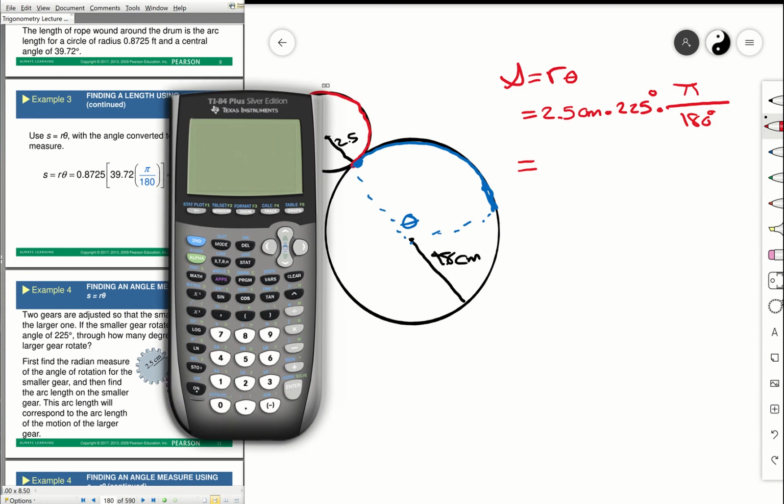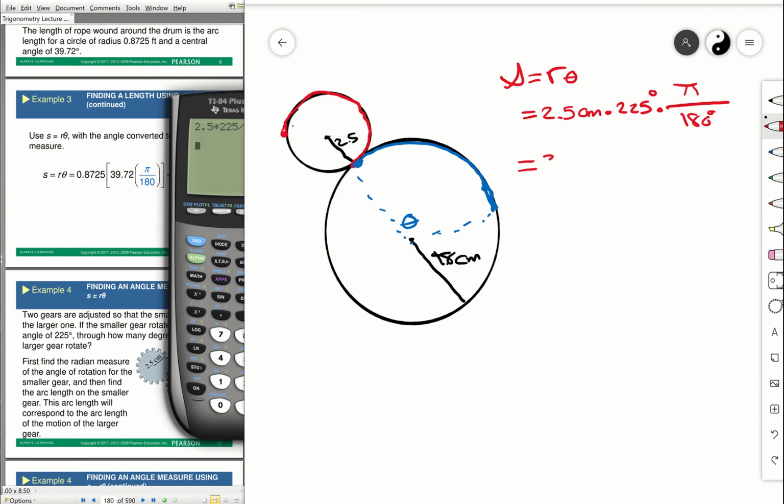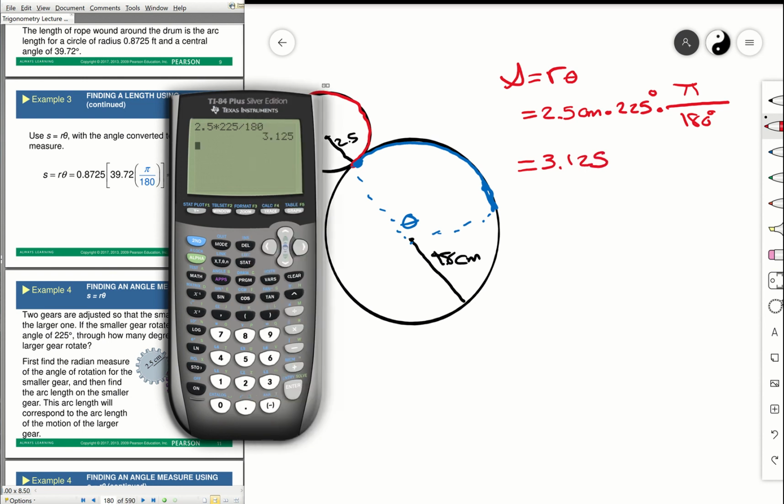So we're going to multiply 2.5 by 225, and then divide that result by 180, and we get exactly 3.125.